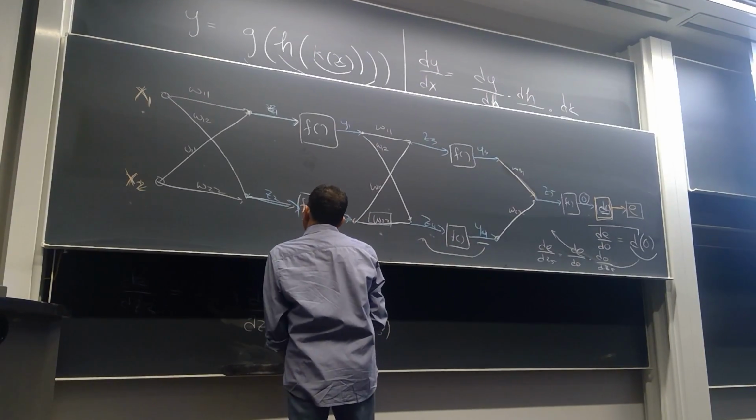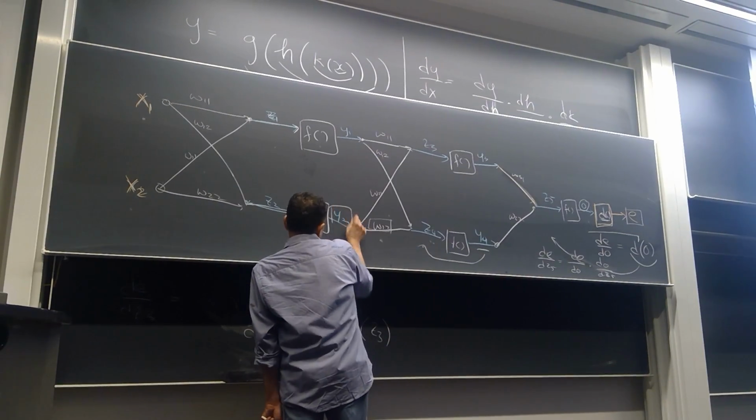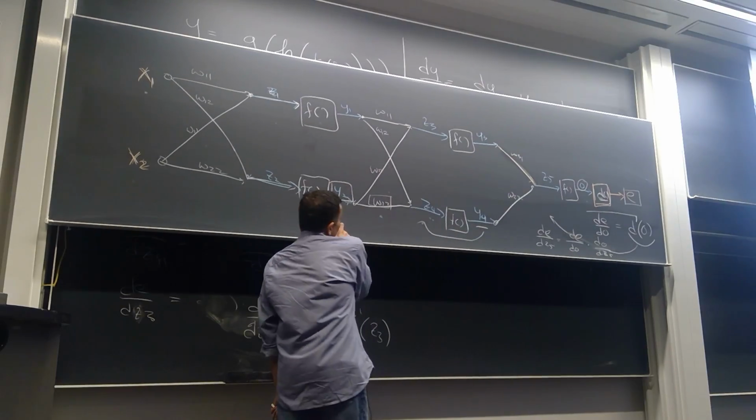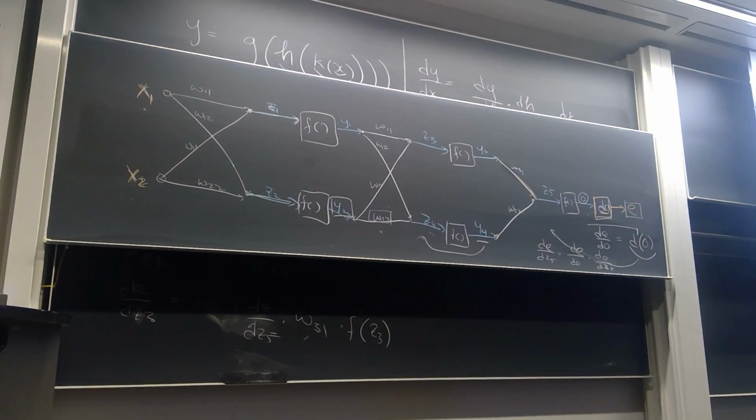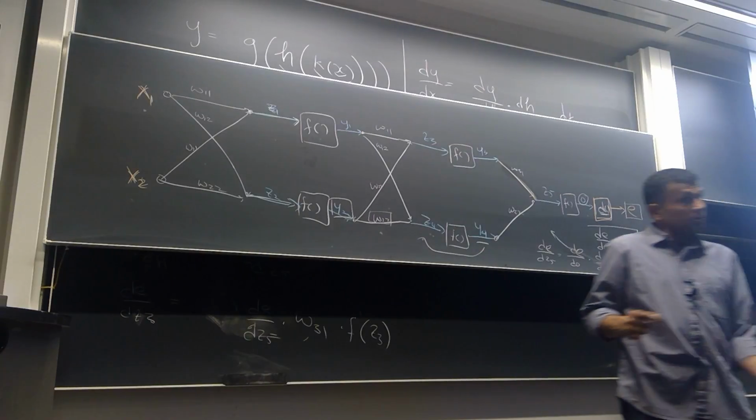Now, for now, let's assume I want to compute the derivative of the error with respect to Y2. Now, what do I need to do? If you look at the influence, this is where this business of the influence diagram comes in, right?